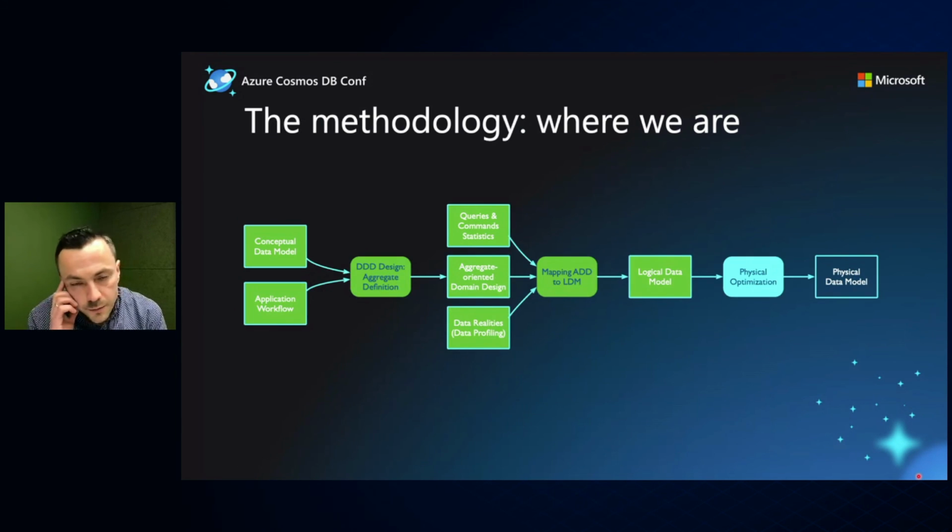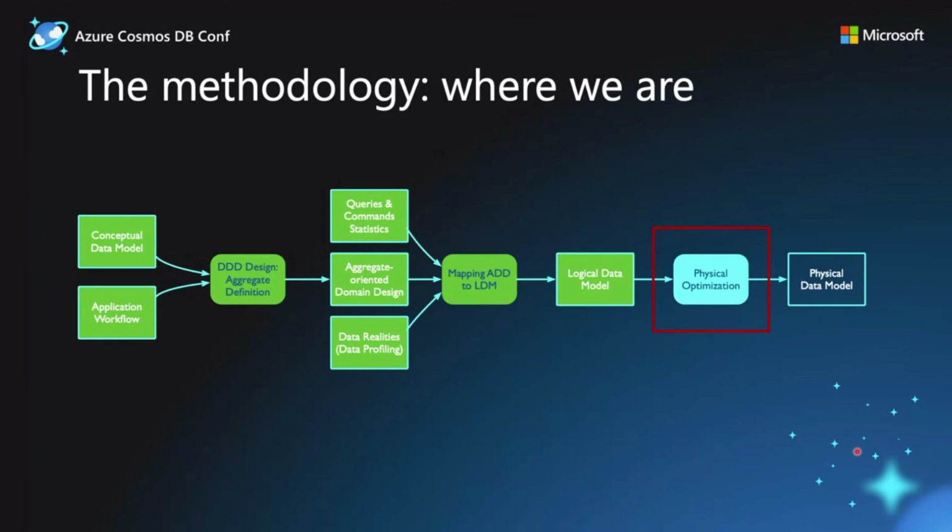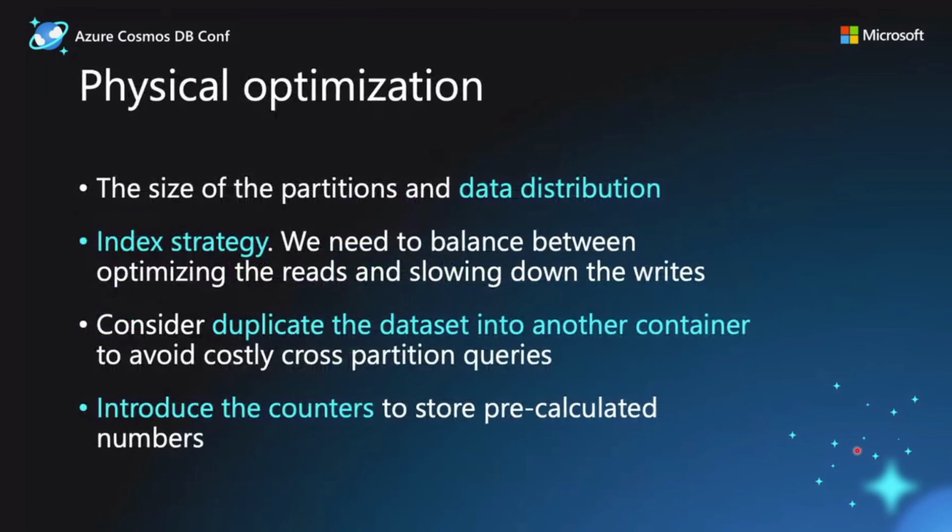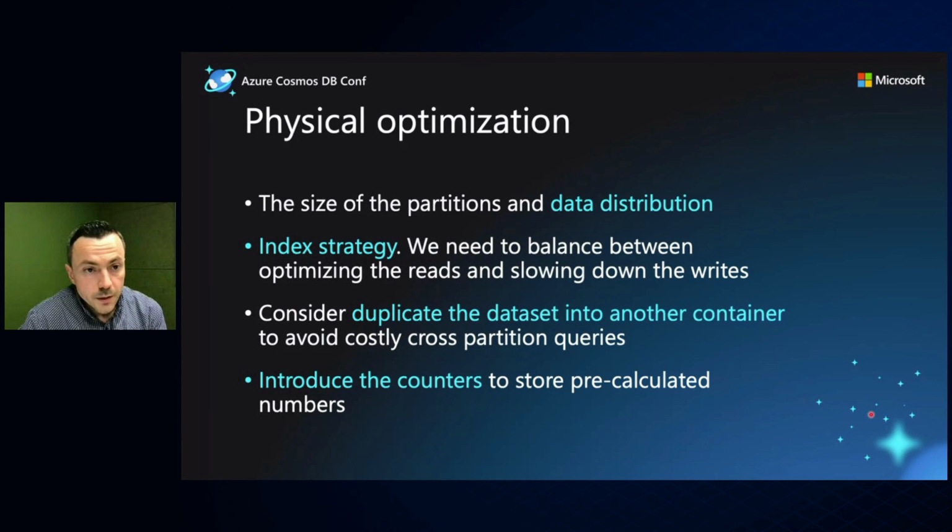Now we are really close to the end and would like to concentrate on the last piece, which is physical optimization. What does it mean? When we're talking about physical optimization, you can apply different techniques and consider different aspects. First of all is reviewing the sizes of the partitions, just tracking whether we don't have too big or too small partitions, and how our data is being distributed.